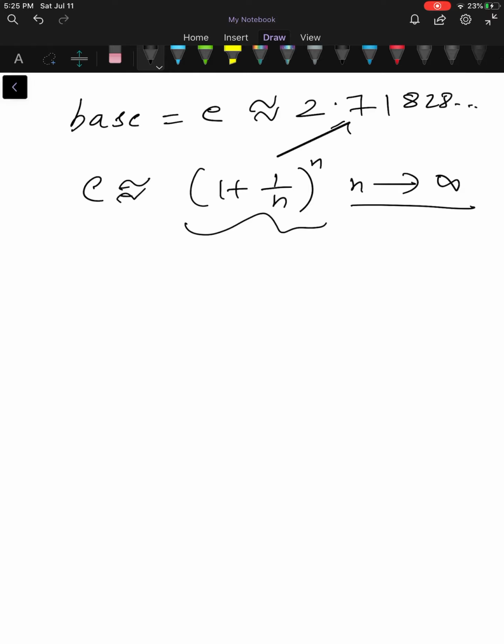We shall study how e occurs, especially in compound interest, and in many real life problems like modeling diseases, multiplication of bacteria, and so on. So e and natural exponential functions are really essential.